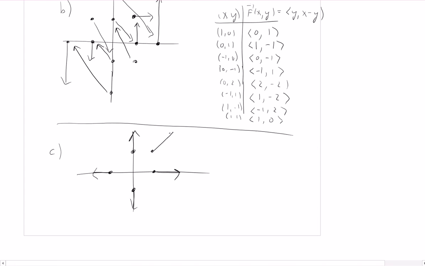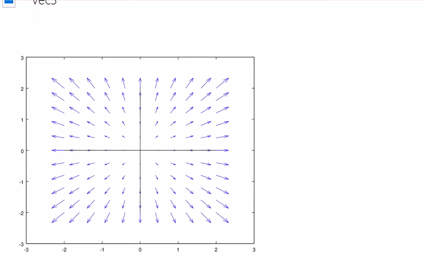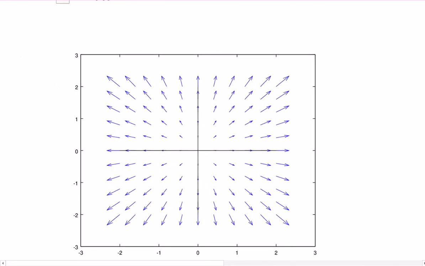At (1, 1), it's (1, 1), and so on. So this one's actually very simple. The vectors just always point away from the origin, and they get longer and longer the farther away you go. So you'll see something like this. The arrows are short near the origin and get longer as you get farther away, and they always point out, away from the center.